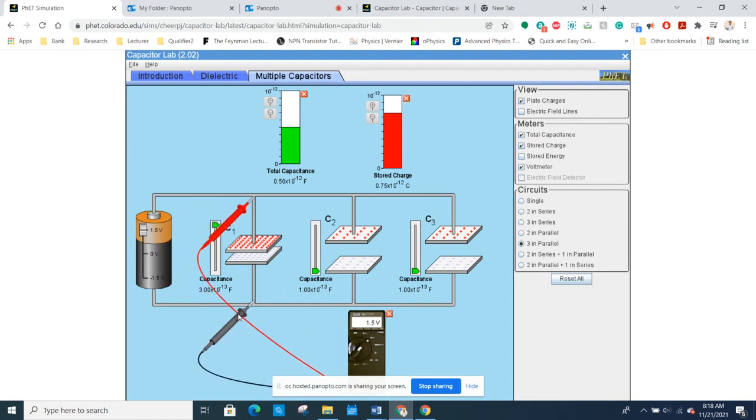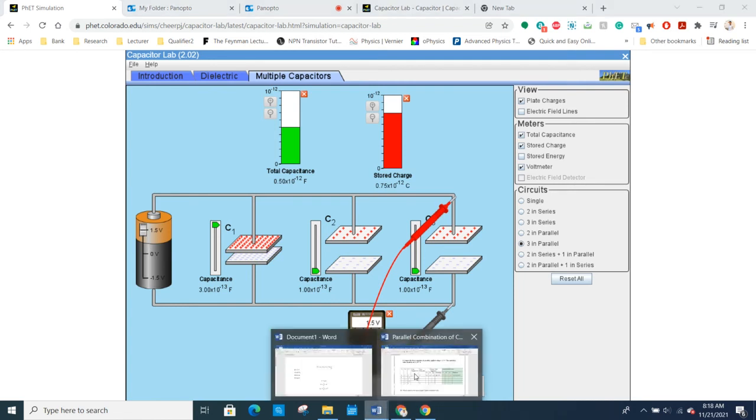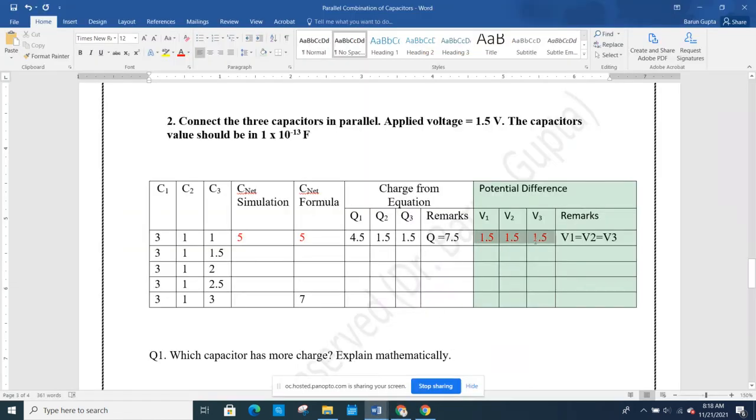What's the number you see? 1.5. If I move it across C2, what's the number I will read? It will still give me 1.5. If I measure across C3, it will still tell you 1.5. And the reason is all the capacitors are connected in parallel combination, so the potential drop across each capacitor is exactly 1.5. That's how I got this number. So the remark here is V1 is equal to V2 is equal to V3 because all the capacitors are connected in parallel combination.